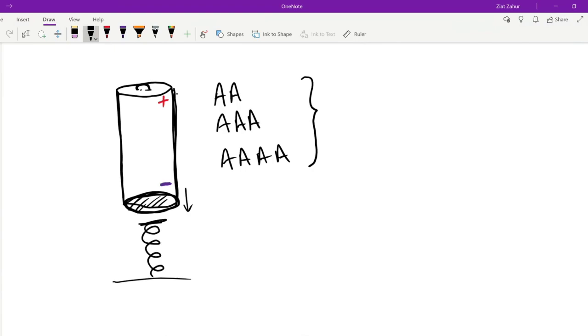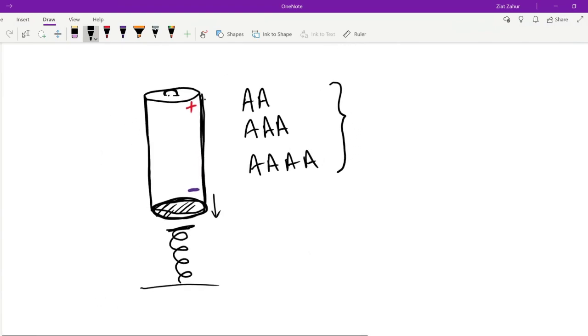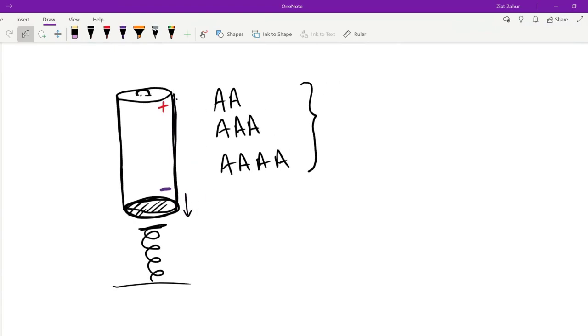Alkaline batteries will give you this voltage. If you haven't noticed, a single AA or AAA or quadruple A is 1.5 volts. Yes. All right.